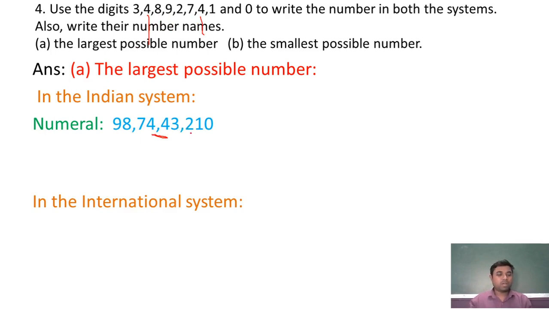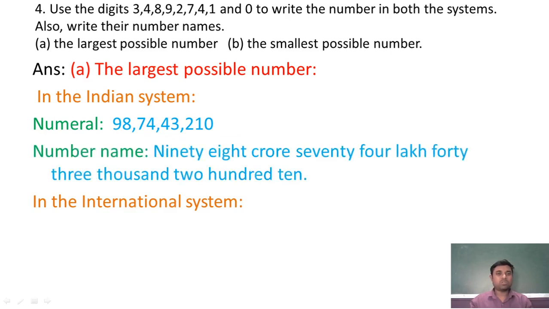Now you have to put the commas. First for this 3, then for this 2, then for this 2. Is it clear? So what will be the number name? 98 crore 74 lakh 43,210. So in the international system, dear students, the number will be the same, the change will be only in the commas.